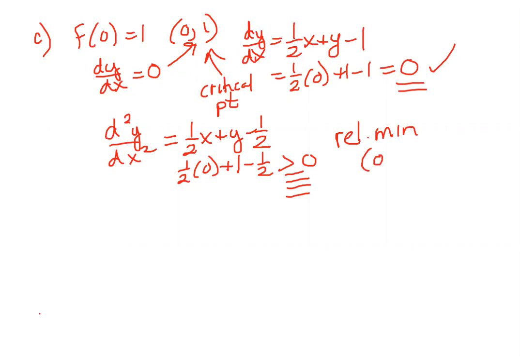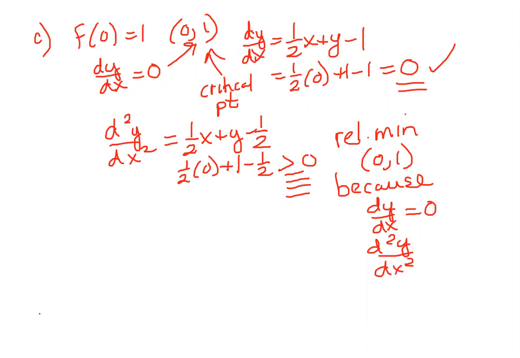So the point 0, 1 is a relative min because the first derivative equals 0 and the second derivative is greater than 0. Okay, so that tells us that it's a relative minimum. You get 1 point for saying it's a relative min, and you get 1 point for the justification.